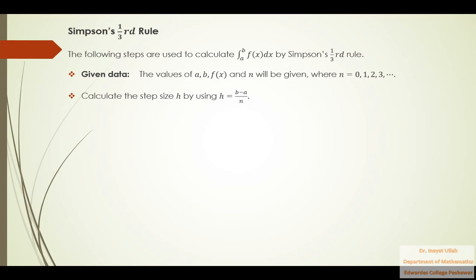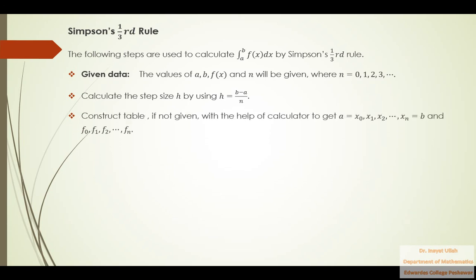The first one is, as discussed in the previous slide, that you will be given the value of a, b, f of x and n. That step is the same as in the trapezoidal rule. The second step is also the same: calculate the step size, denoted by h, b minus a divided by n.